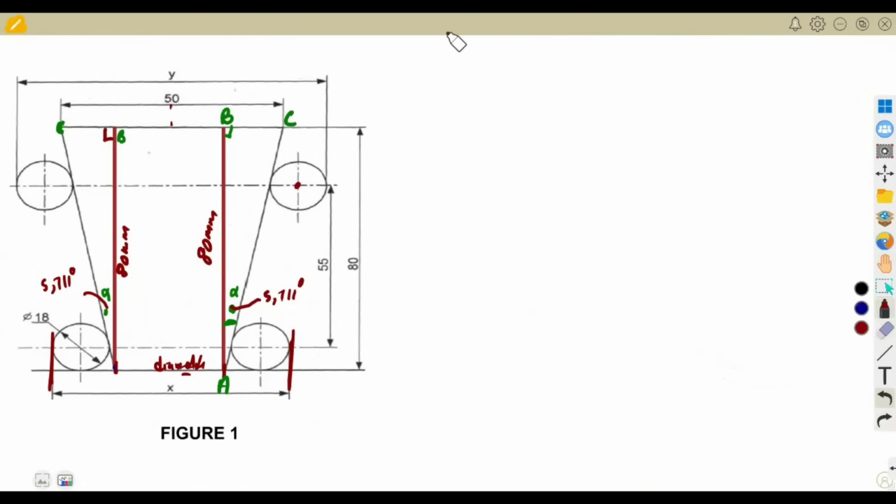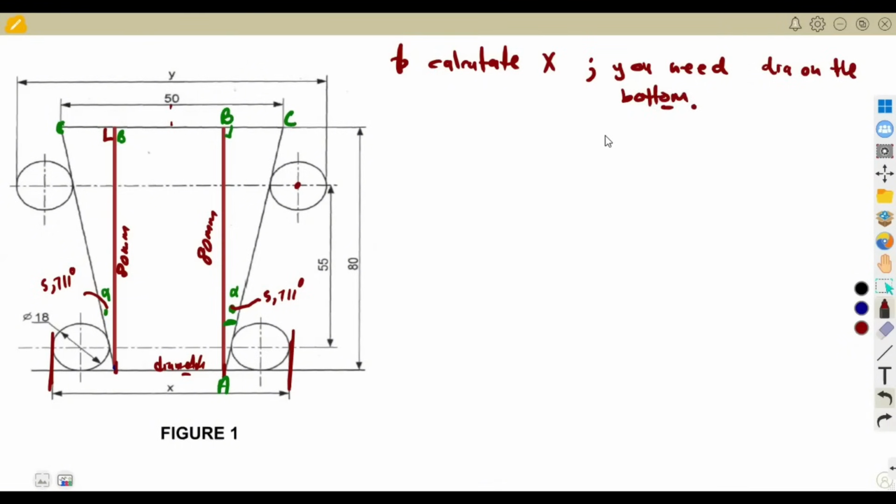So to calculate X, we need the diameter on the bottom. We have got the top diameter, then the one on the bottom. Also, we're going to talk about these distances here, this and that, later on. So we need this first.